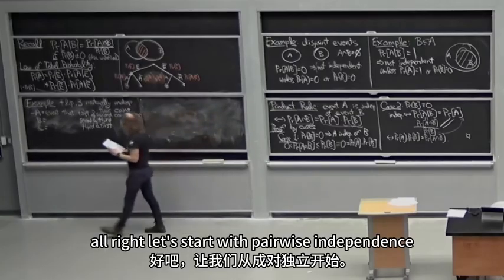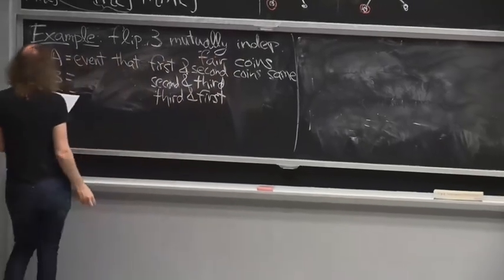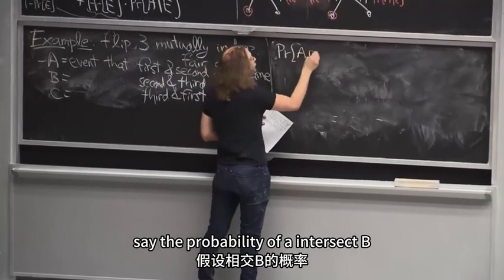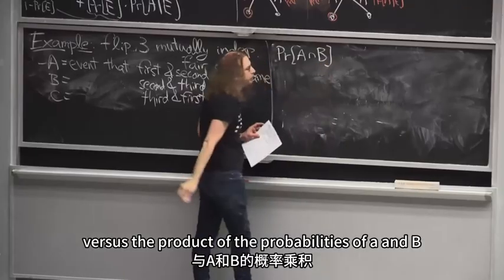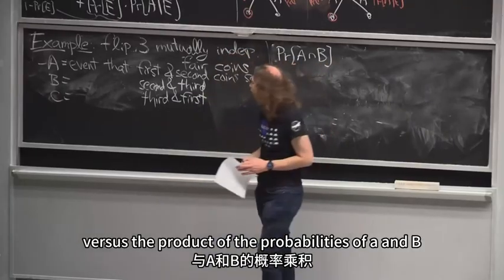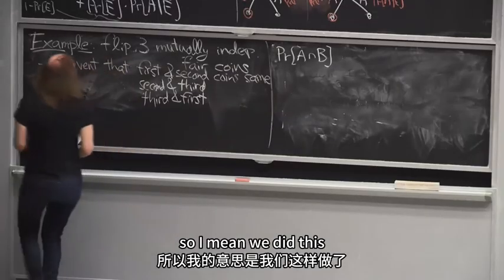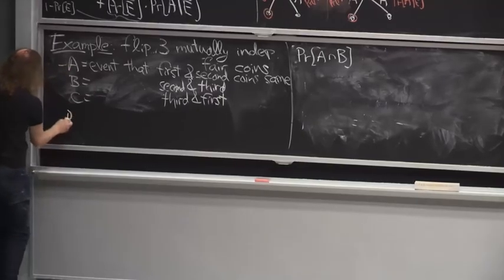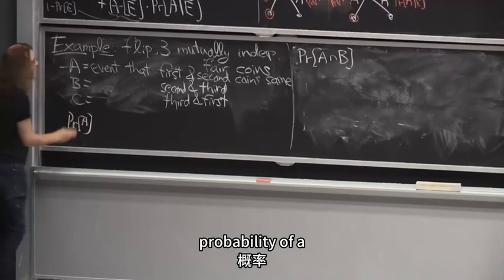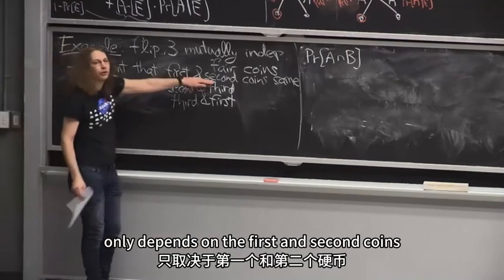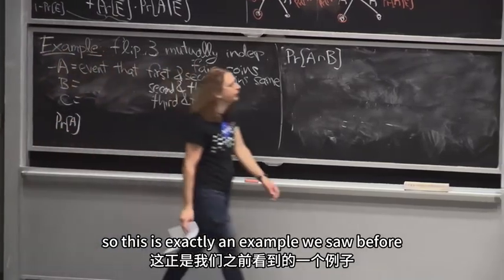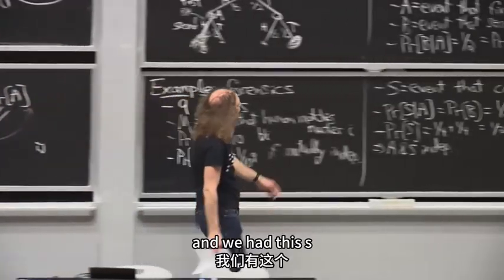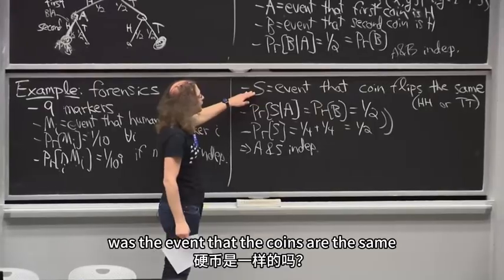All right, let's start with pairwise independence. Let's think about the probability of A intersect B versus the product of the probabilities of A and B. Let's start with the probability of A. The probability of A only depends on the first and second coins. So this is exactly an example we saw before, where we've just flipped 2 independent coins, and S was the event that the coins are the same.